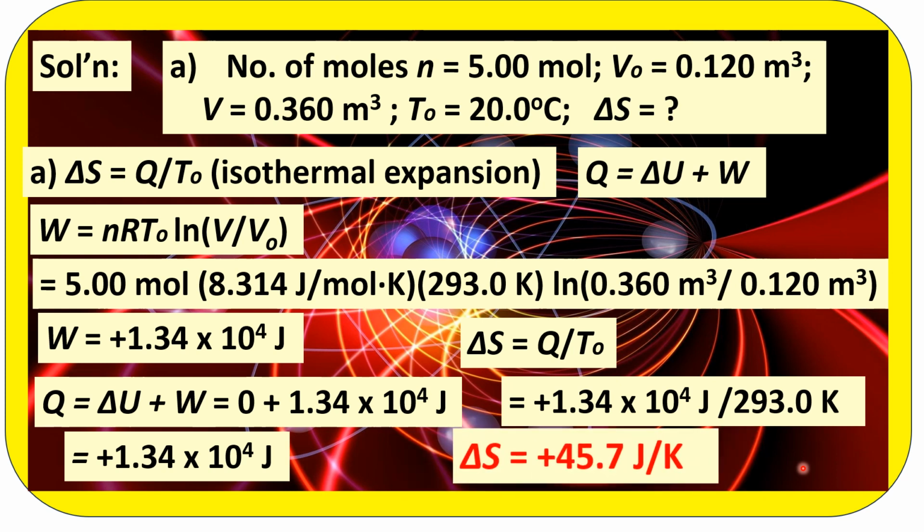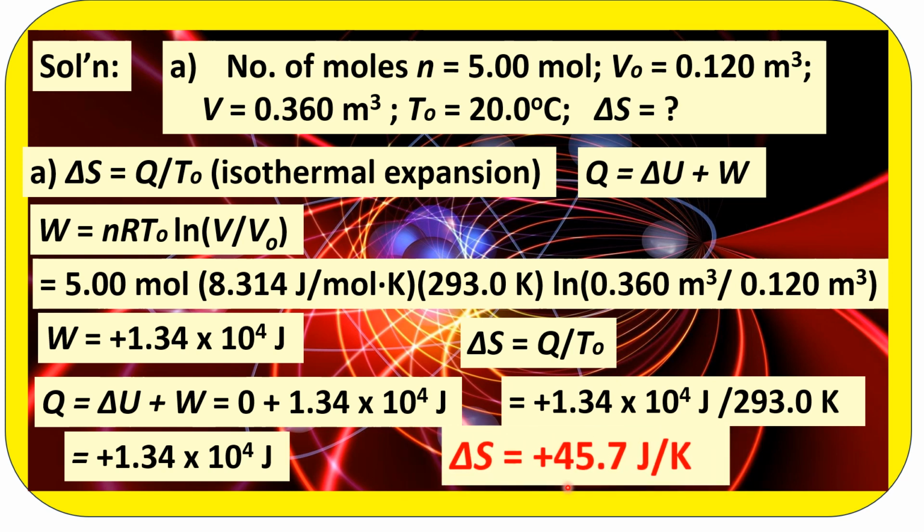And we say that the entropy of the gas has increased by this amount, 45.7 joules per Kelvin. Or we can say that the degree of randomness of the system has indeed increased.